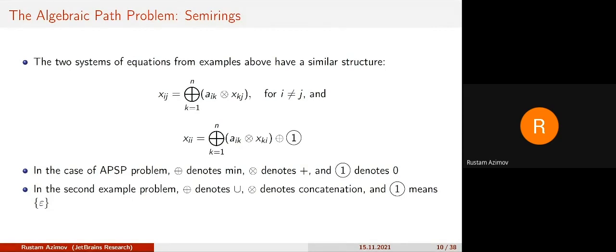For the second example, we have the union operation, the concatenation operation, and the language that contains only the empty word.